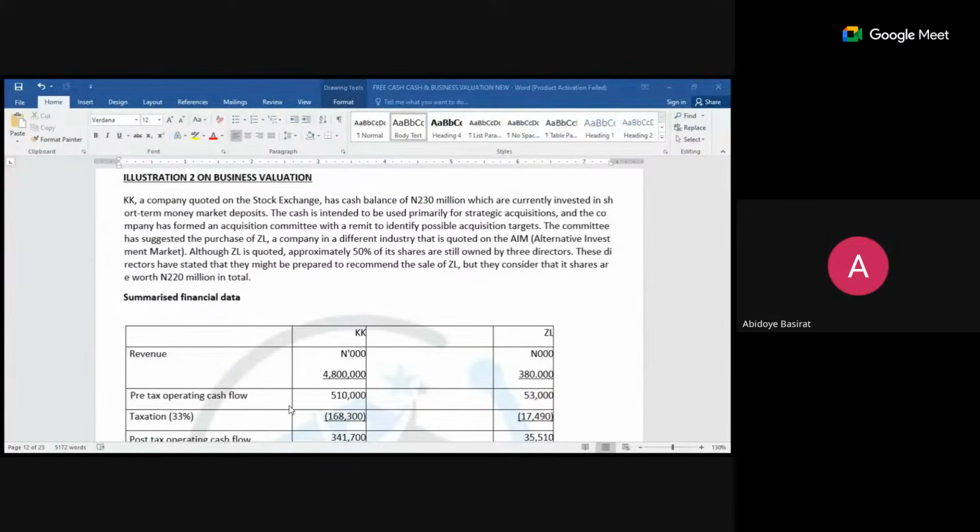The one with growth, we do according to the growth given in the question. And there's the present value of future cash flow, which means free cash flow. It also has something called thereafter, which means till infinity.